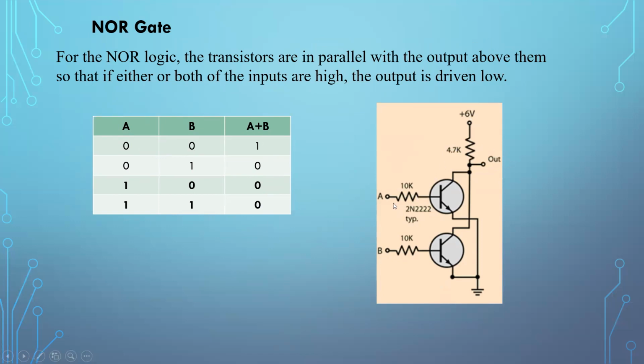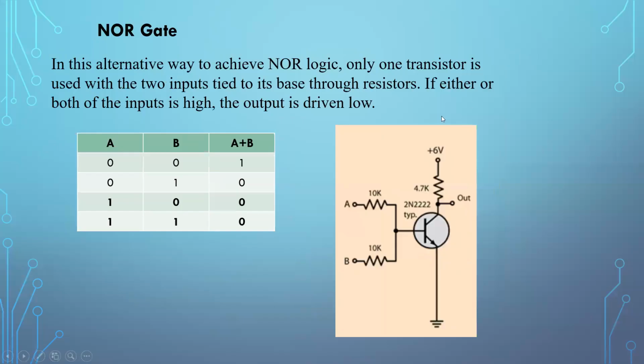If either base is conducting, the current flows, IC will flow, and you get 0 volts here, so all the drop will be across the resistor. Similarly, if the other one is conducting, current flows and you get 0. This way we can create a NOR gate.